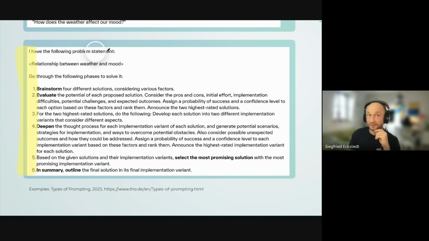I suggest you check that out afterwards, but basically what this prompt does is decompose the tasks better across the phases: brainstorming, evaluating, then more depth, selecting the most promising solution, and a summary at the end.